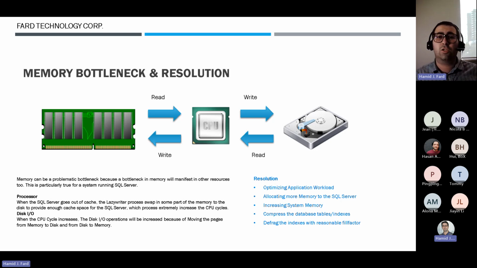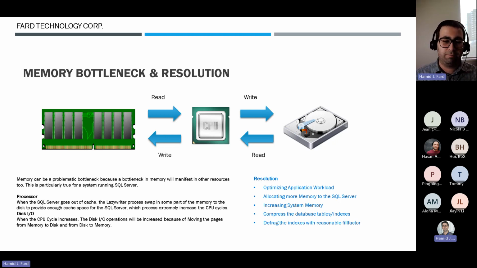At the same time that it is spiking, the disk IO also has a lot of activity and a lot of latency during that time. And you realize that during that time, the memory capacity is already full and doesn't have any available memory space, then definitely that's the memory bottleneck.